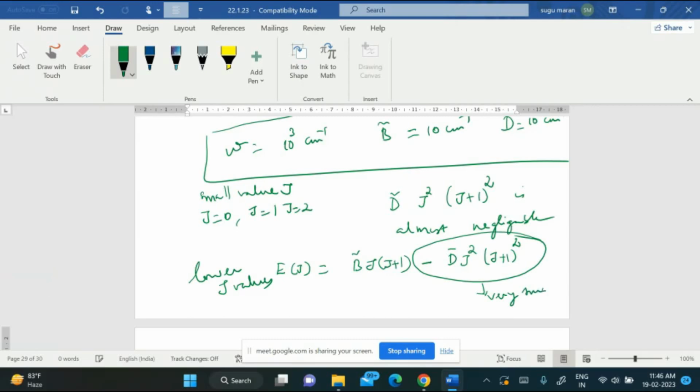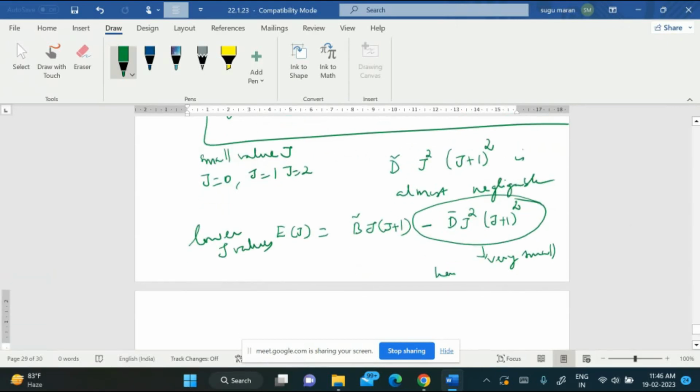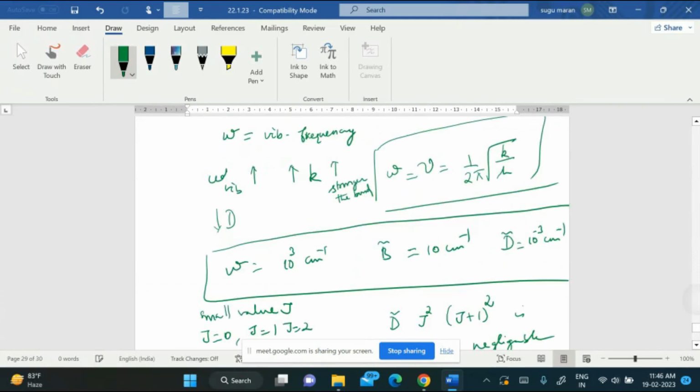Therefore, at low J values, the non-rigid rotator molecule behaves as a rigid rotator. I'm just excluding this term, which is very small, and hence it can be ignored at lower J values.